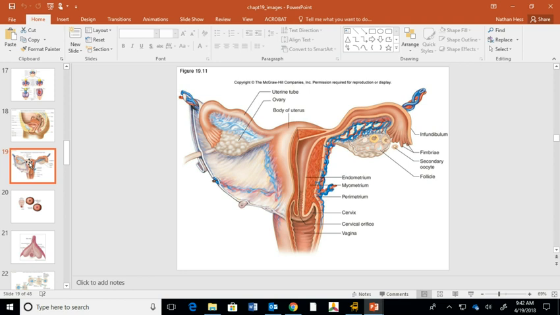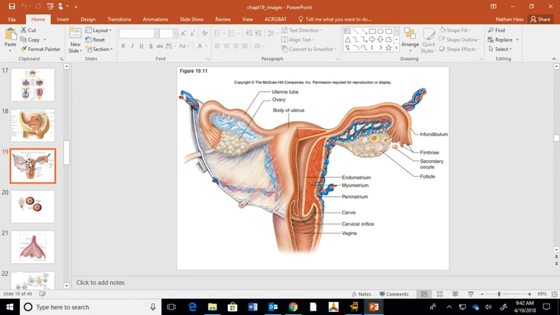Here are the uterine tubes, again the fallopian tubes, another name for them, into the ovaries themselves. And we'll talk more about these different pieces of how the follicle works, the secondary oocyte, etc. You notice that there's actually space between the ovary and the tube.